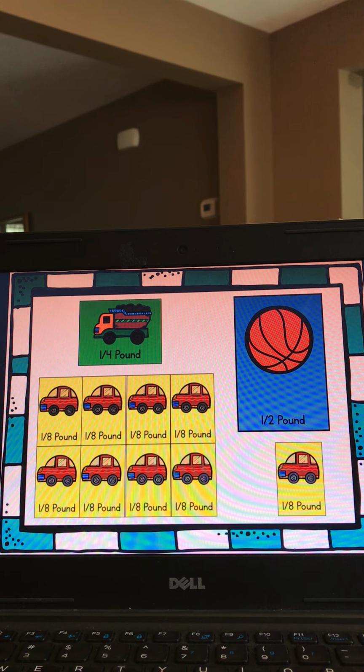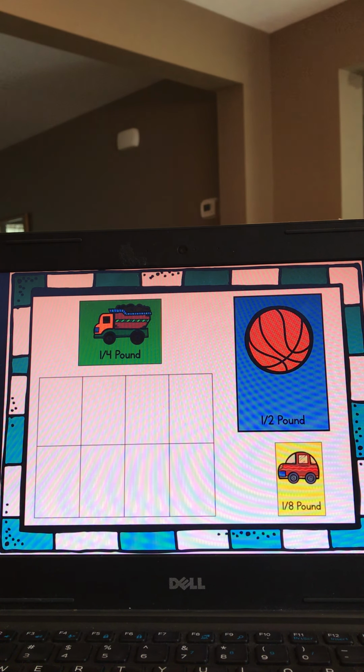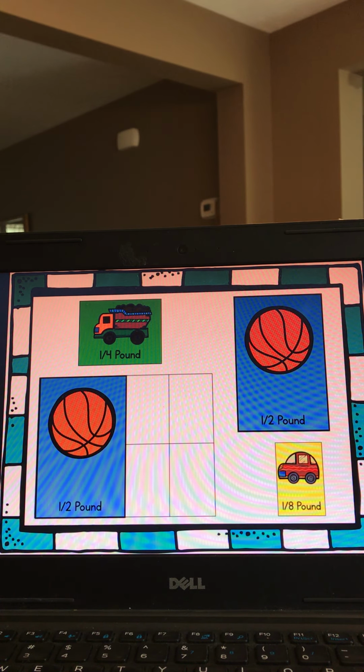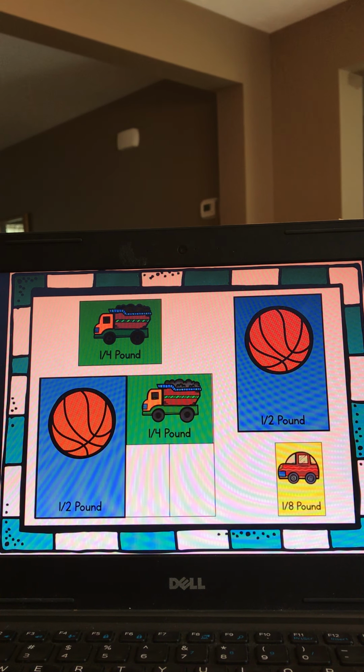But what would happen if I tried to mix and match? Well, I decided I'd give away my basketball, which is 1/2 pound. It takes 4 of the 8. It covers 4 of the 8 blocks. So then I added one of my trucks, which is 1/4, and that covers up 2 of the 8 blocks.